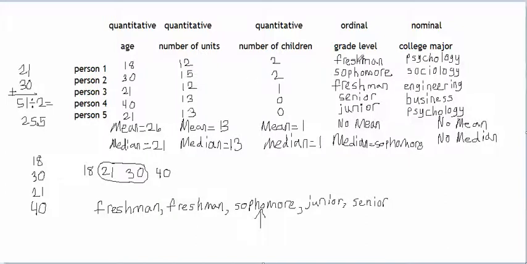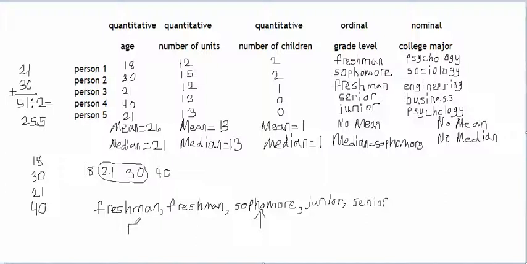What if you have a set of ordinal data and you have an even number of values? In that case, you can't find the median. If I had freshman, sophomore, freshman, senior, with no junior, this would be my set of data.